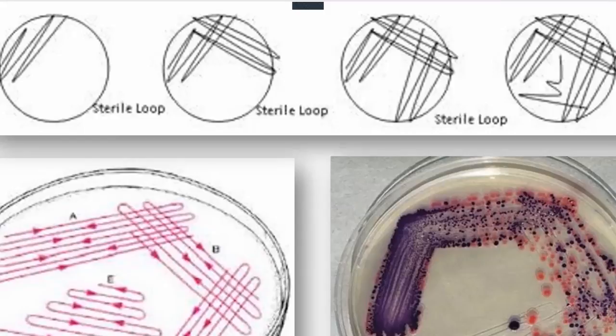I have started to rub my loop on the surface. Again, I will close it and rotate. That is why I say to rotate your plate. Rotation of the plate is required.